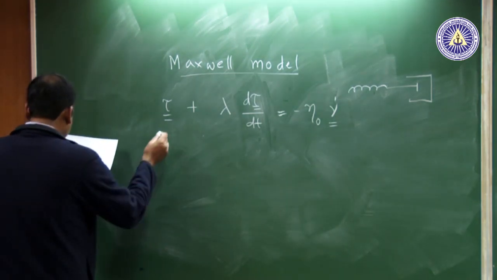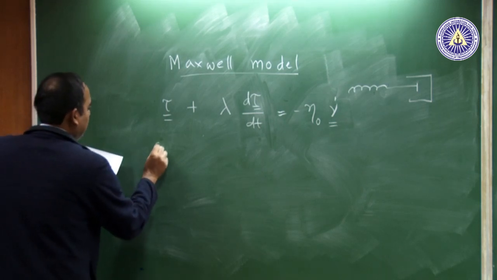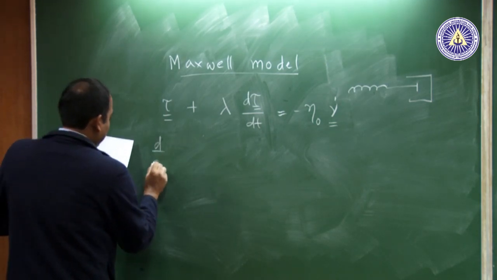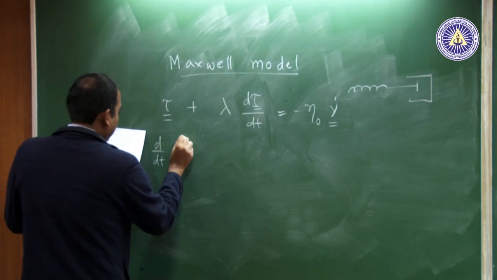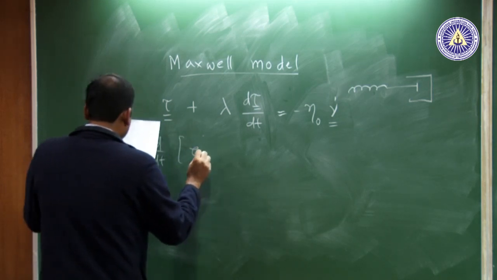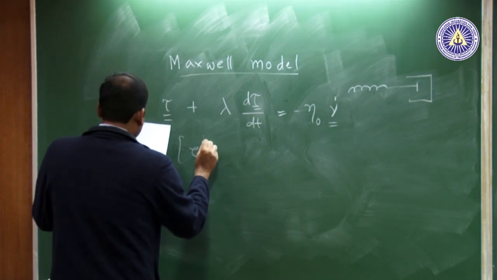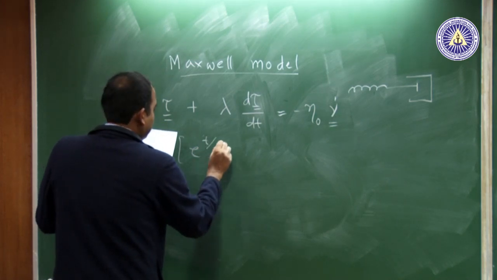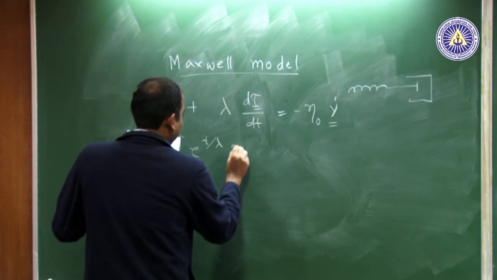Well, when you take the tensor form and then you do some manipulation, it will convert it to an integral form. The first thing you can do is multiply both sides by e to the power t by lambda. So, then I am skipping a few steps in the interest of time.